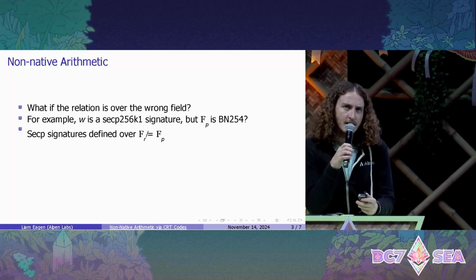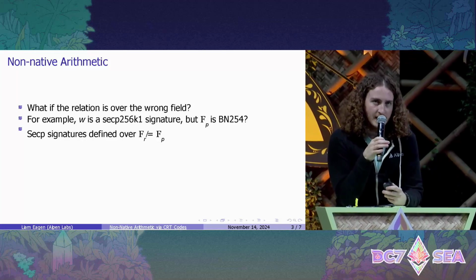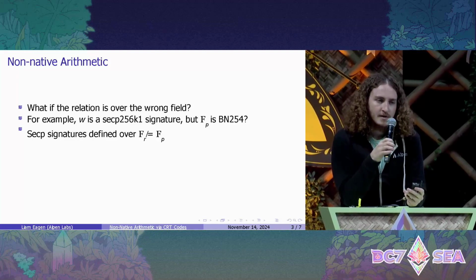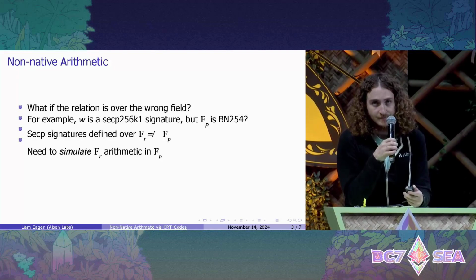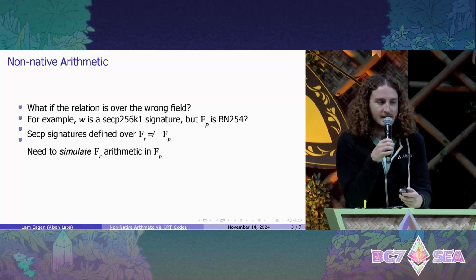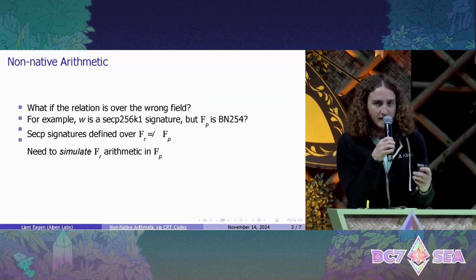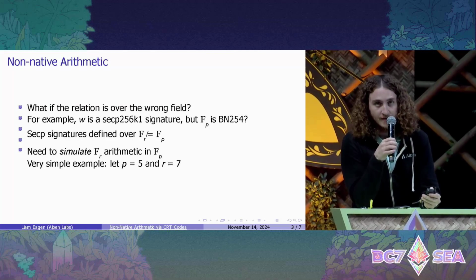In that case, both of your fields will be fixed, you can't change them, and they're different. So you have to simulate one field inside of the other. And yeah, so we need to emulate or simulate the non-native field inside of the field that our relation is defined over.